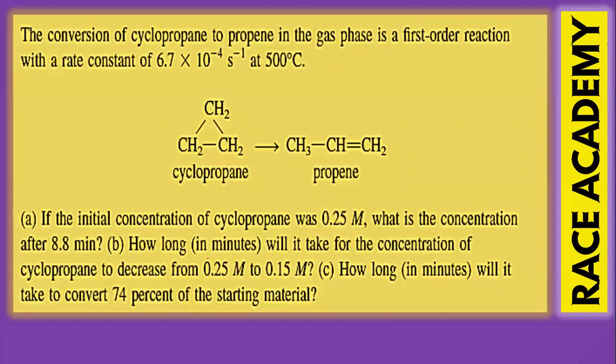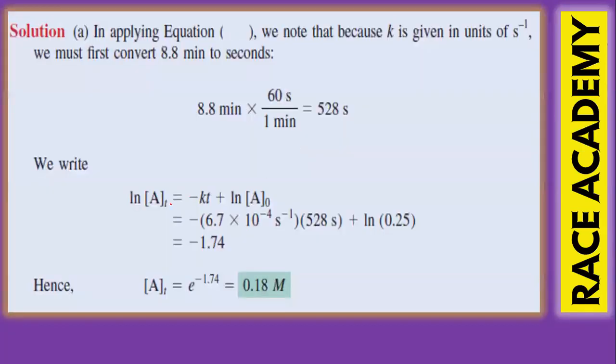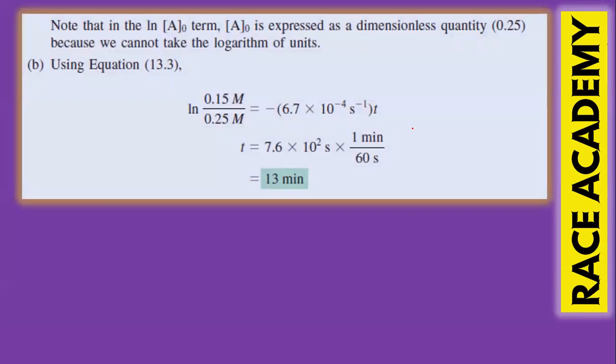The second question is how long will it take for the concentration of cyclopropane to decrease from 0.25 to 0.15? Here also we'll use the same mathematical expression. In that expression you have to find the time interval. So what is the formula we are using? A simple calculation when we have e power all these things.